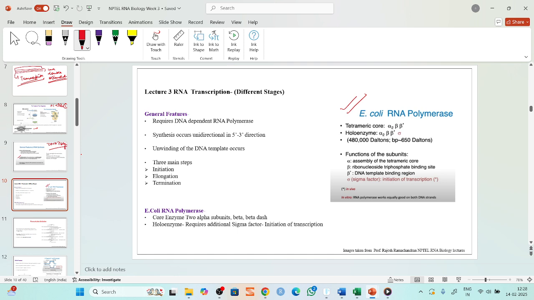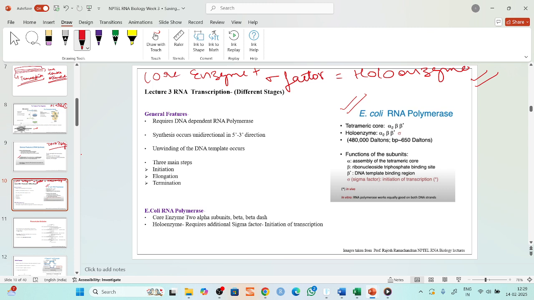So core enzyme plus sigma factor is known as holoenzyme.